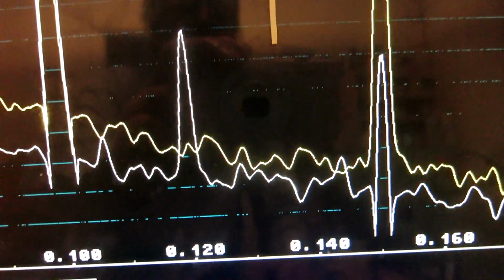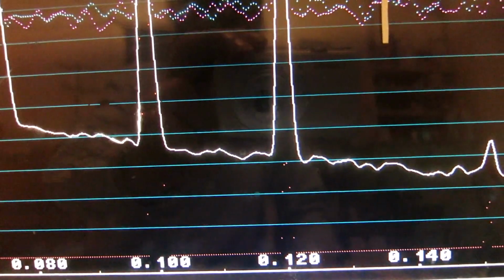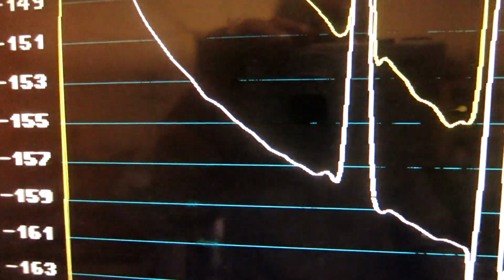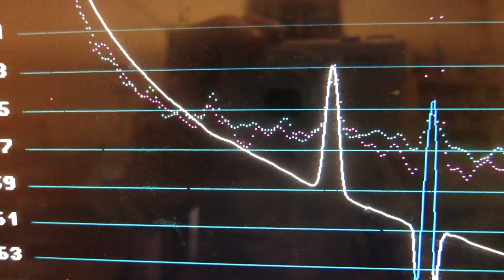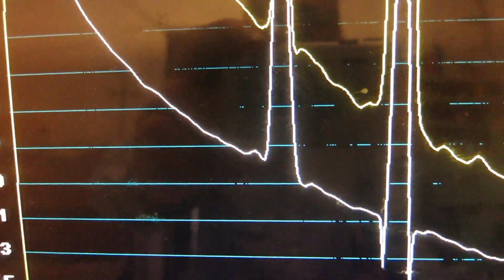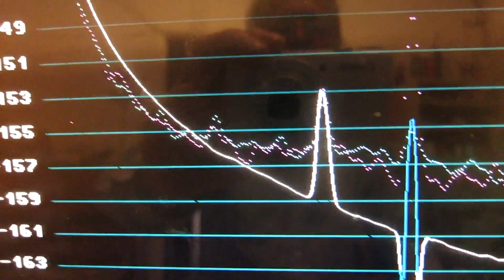It is better at higher offsets. This is 100 Hertz, and this is the old. But on close range, this is the old, and here is the current. The difference is small.